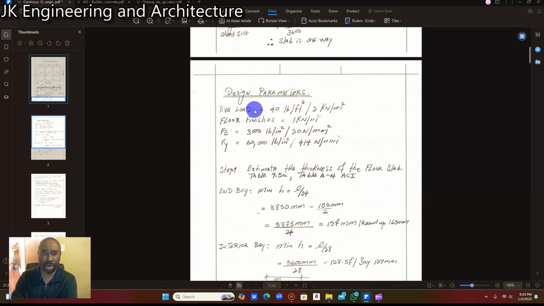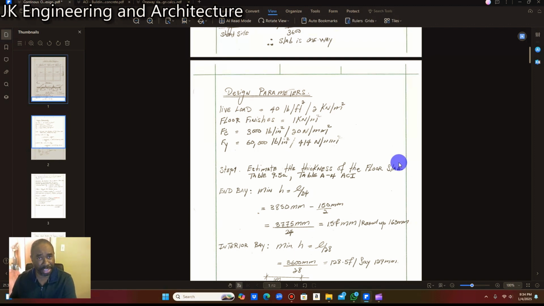All right. So now that we have established that we are dealing with a one-way slab, we can now look into our design parameters. All right. So we're going to use a live load of 40 pounds per square feet, or 2 kilonewtons per meter square. So our floor finishes, we're going to use 1 kilonewton per meter square, or 20 pounds per square feet, right?